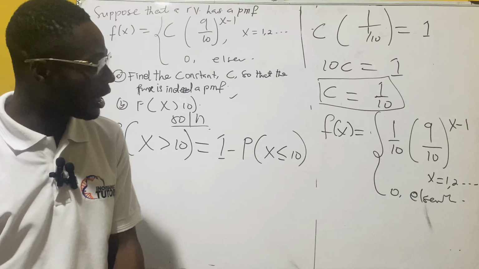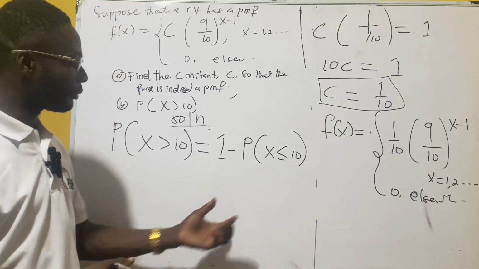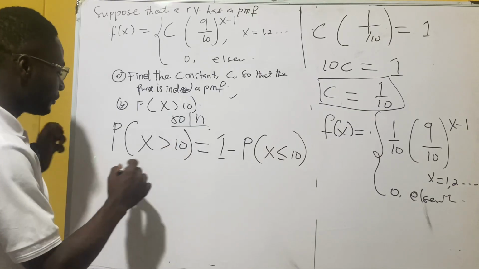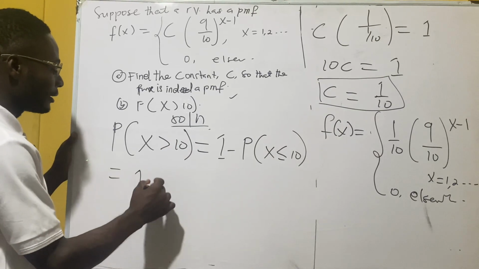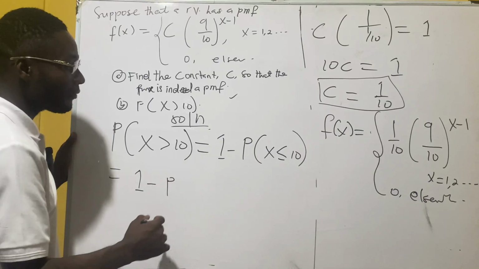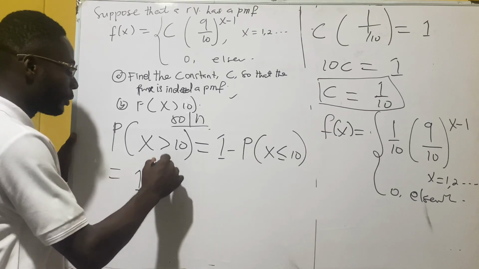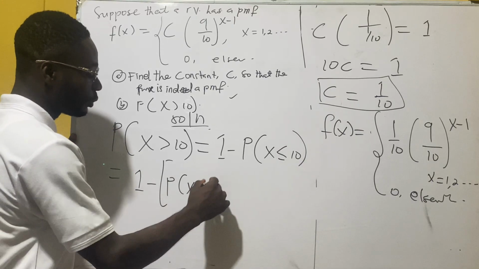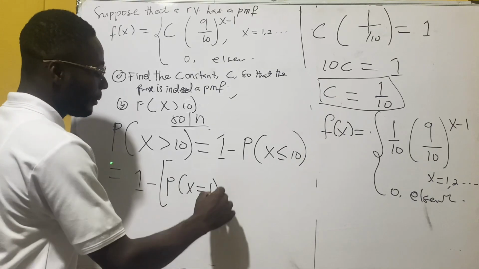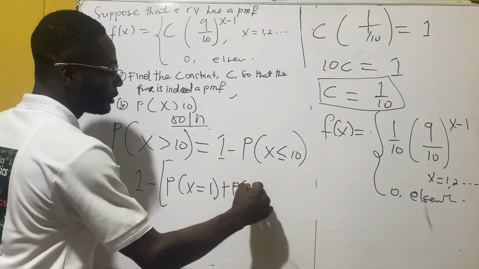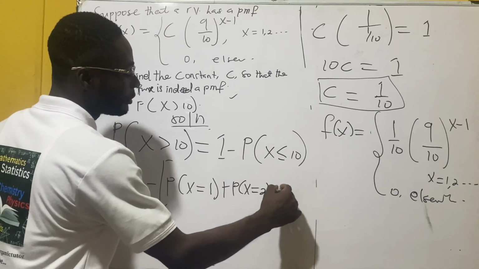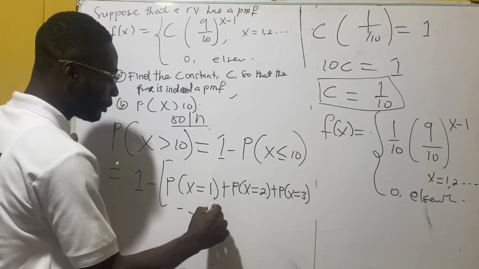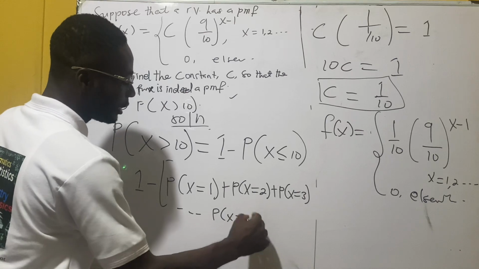Okay, so now let's find the probability of x less or equal to 10. So from here, the probability of x less or equal to 10 will be equal to the probability of x equals 1, plus the probability of x equals 2, plus the probability of x equals 3, up to the probability of x equals 10.